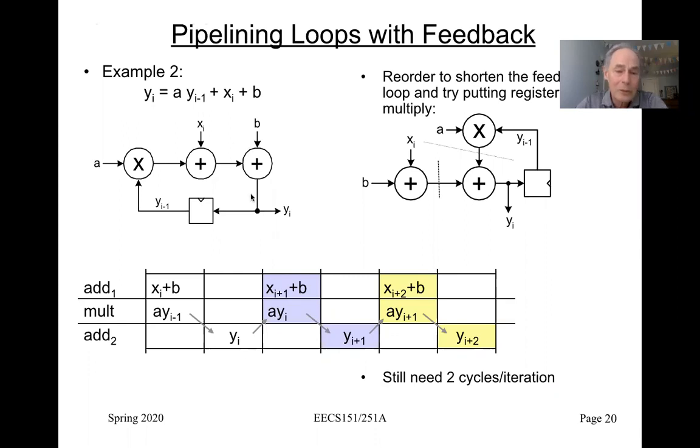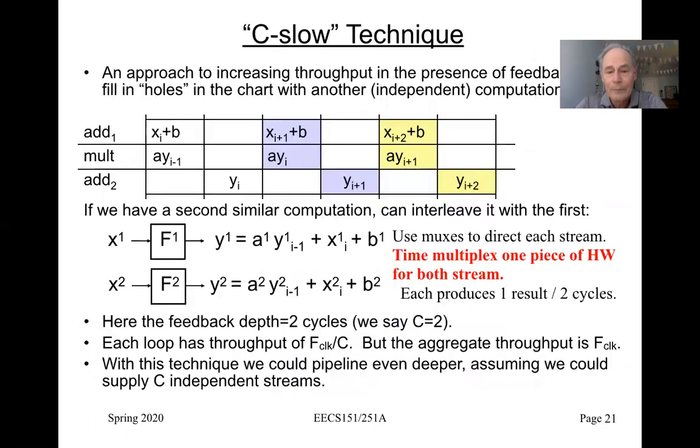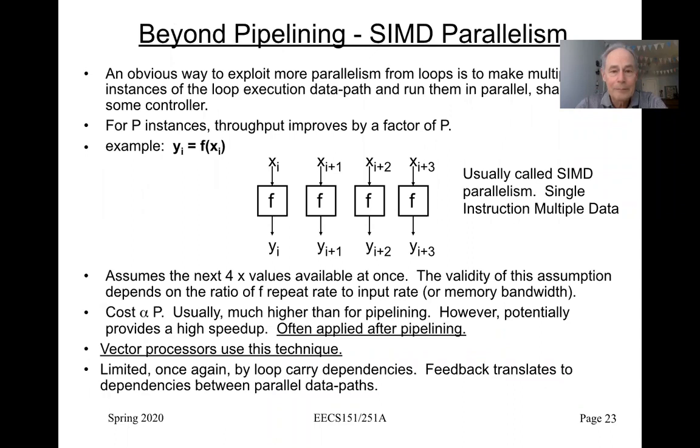And then the fourth iteration will get mapped here, and the fifth iteration here, and then the sixth iteration here, et cetera. So that's the idea of parallelizing loops spatially, and not with pipelining. So with P instances, the throughput would improve by a factor of P.